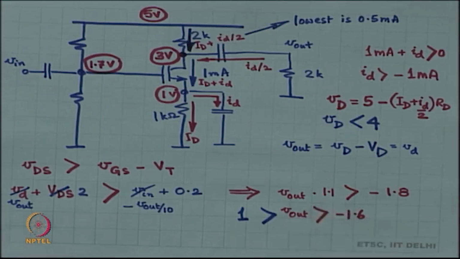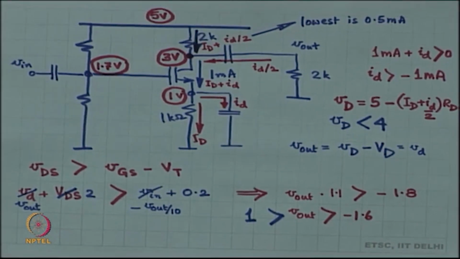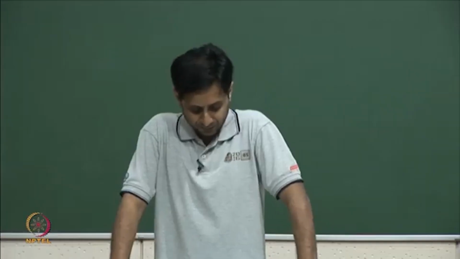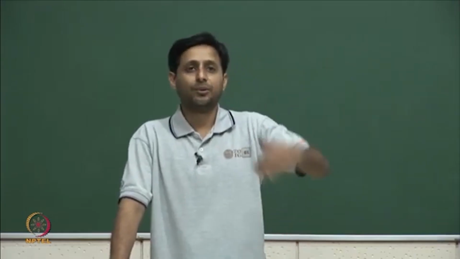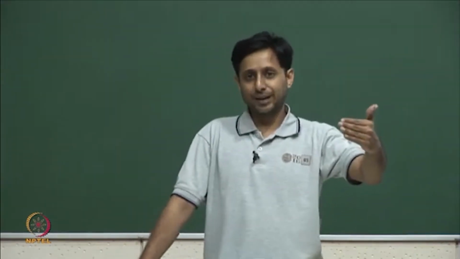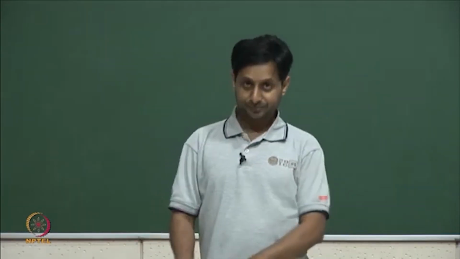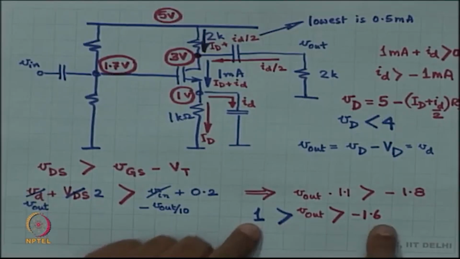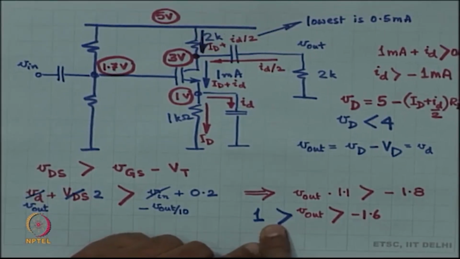All right, is this kind of understood what's going on over here? So, all the circuits that we have studied before, you will have this kind of a pattern. The pattern is that the circuit is limited on two ends. One is what is the largest value of the output, the other is what is the smallest value of the output. You are looking at this inequality. The largest value of the output is 1 volt, smallest value of the output is minus 1.6.